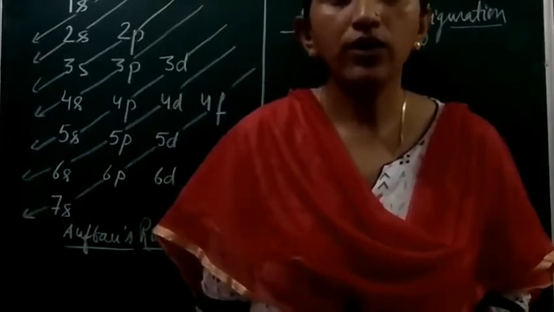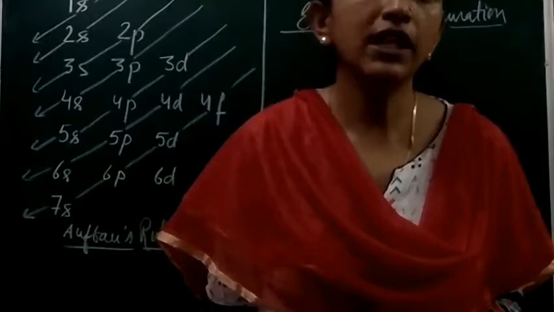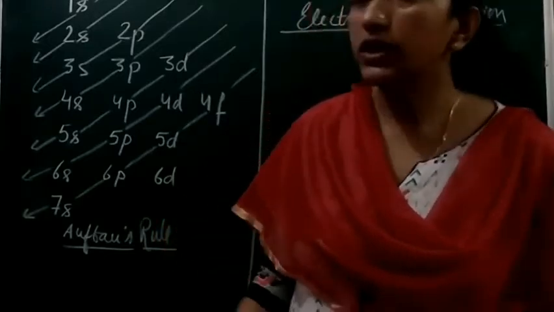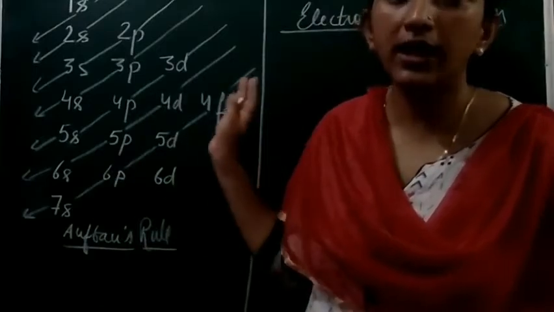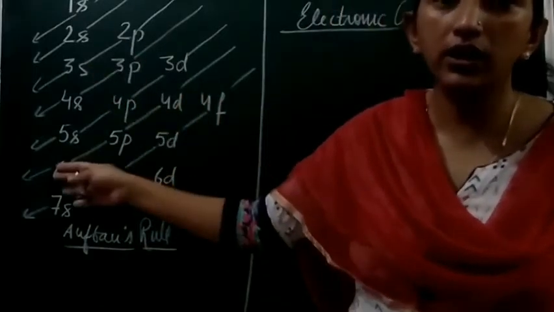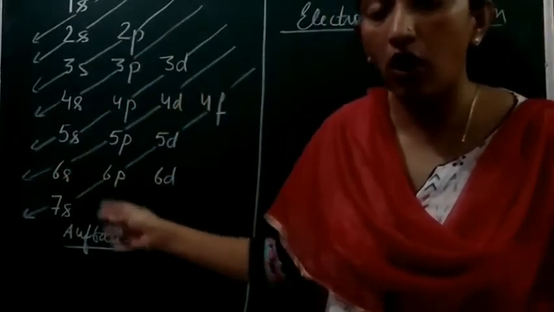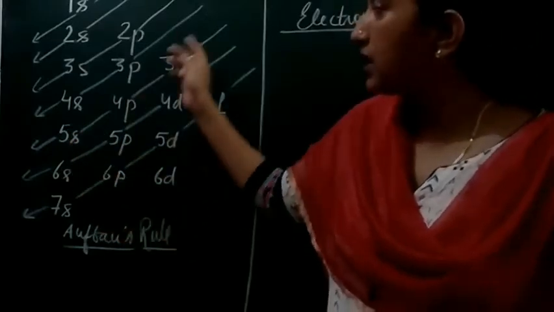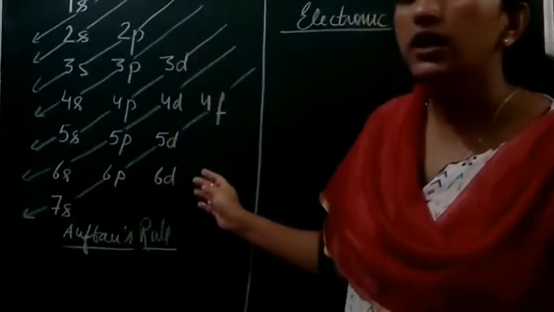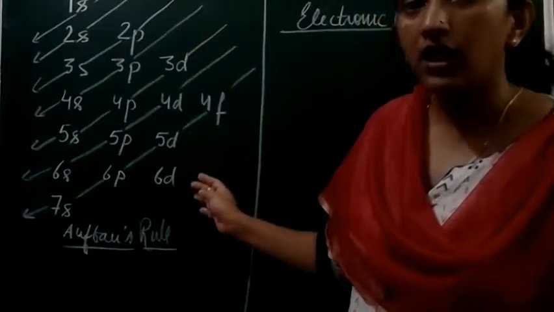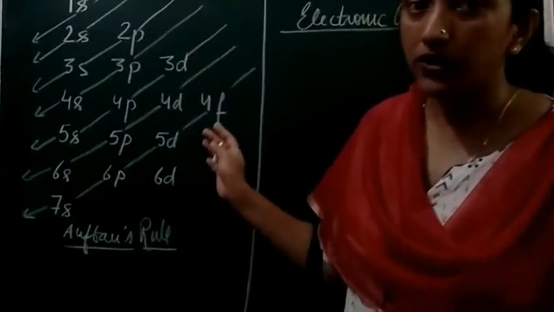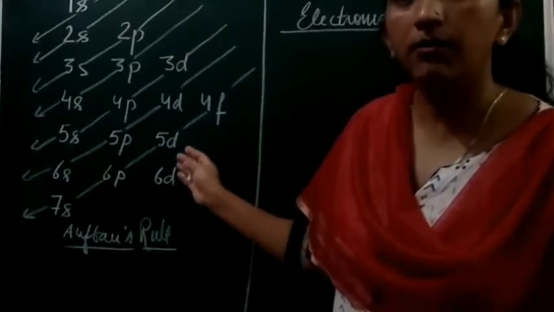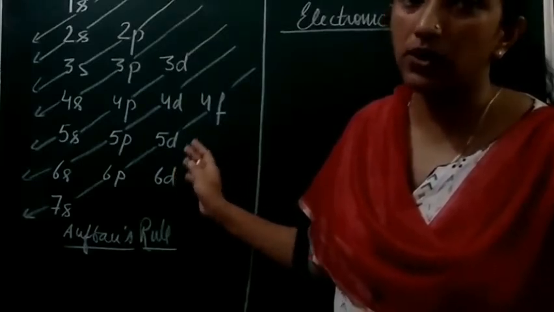Now when we know this, we can move to the electronic configuration. Students, for help, what I'm writing here you can relate with the diagram over there, that is the Aufbau's rule here. It is a memory aid. It helps to remember the sequence of the electronic configuration, and you should try your best to remember or learn it as soon as possible.